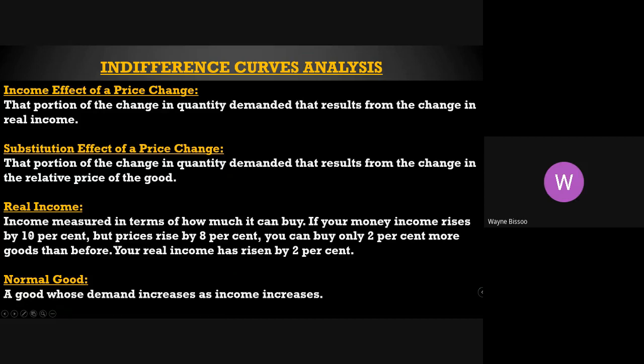If your money income rises by 10%, but prices rise by 8%, you can buy only 2% more goods than before. Your real income has risen by 2%. So remember, if money income goes up but prices rise, it erodes some of the gain. A normal good is a good whose demand increases as income increases. That's the normal reaction.